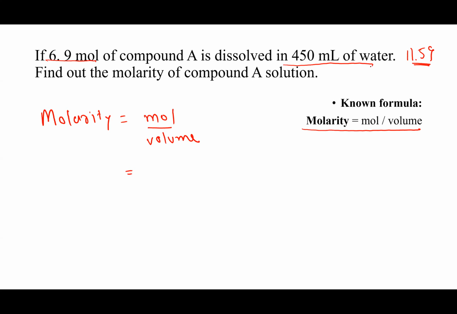It means we don't need to shuffle this equation, right? All we have to do is just plug in the number 6.9 mole over 450 ml. If we do the math, it looks like, yes, you got the right answer: 0.015 mole per ml.